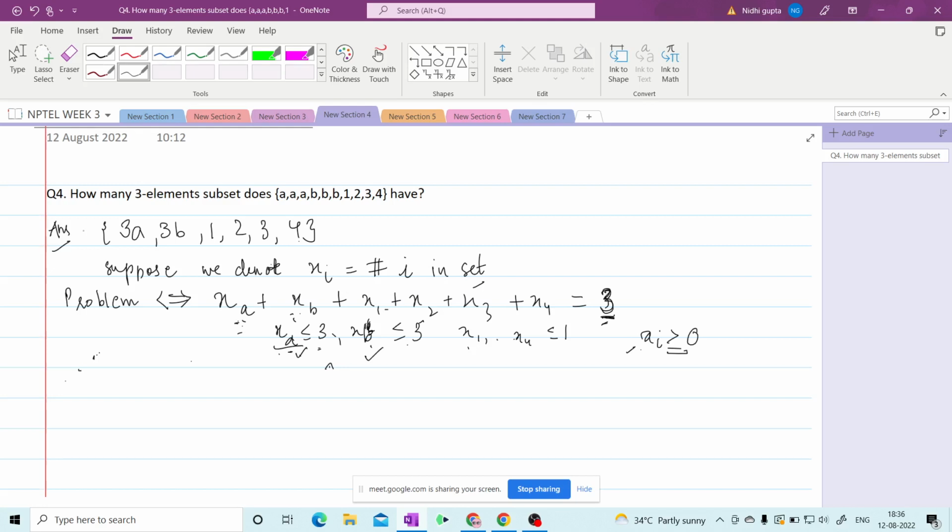So if we want to find a 3-element subset, our first step can be: first we choose our k integers.